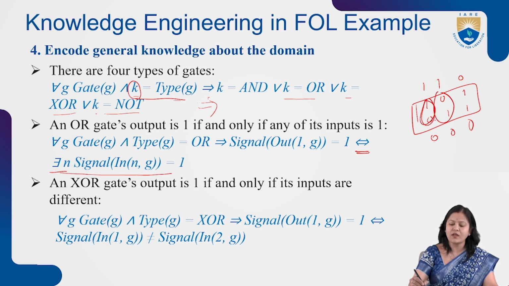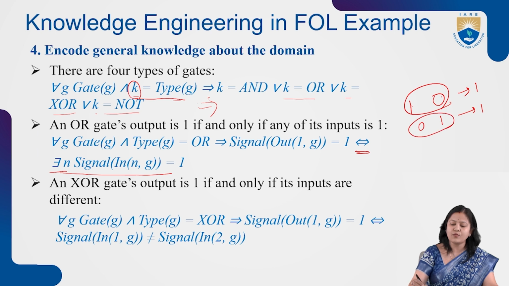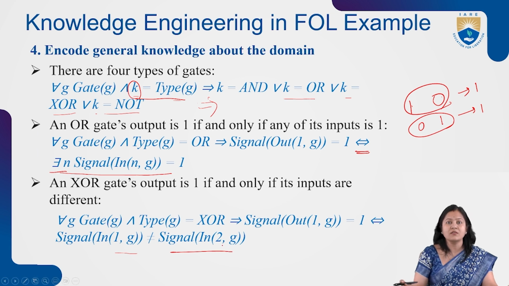One is 1-0, another one is 0-1. So the first input signal of g is not equal to the second input signal of g. I hope you have understood. As I told, in an XOR gate, if both the inputs are different, then only we get 1. If it is a 1-0 or 0-1 combination, the output will be 1. So how can we write it? The first input of the gate and second input of the gate are not equal. That is why it is written that the first input signal from g is not equal to the second input signal from g. Then only it represents the XOR gate.